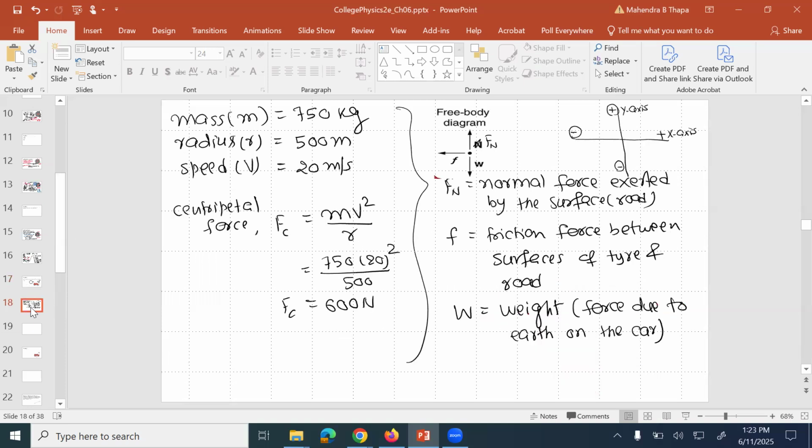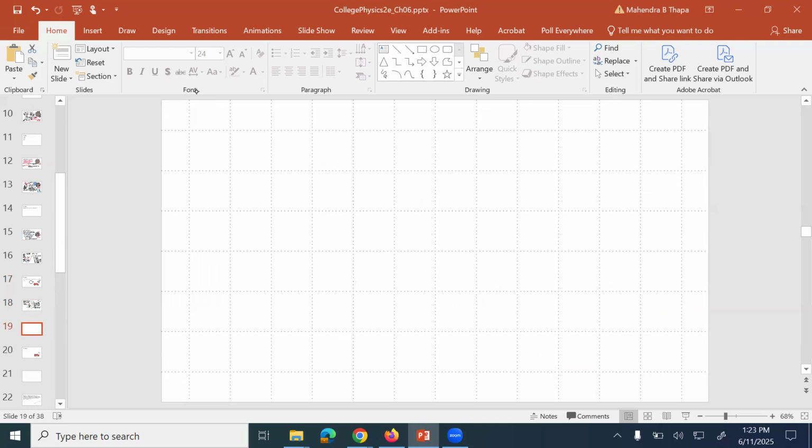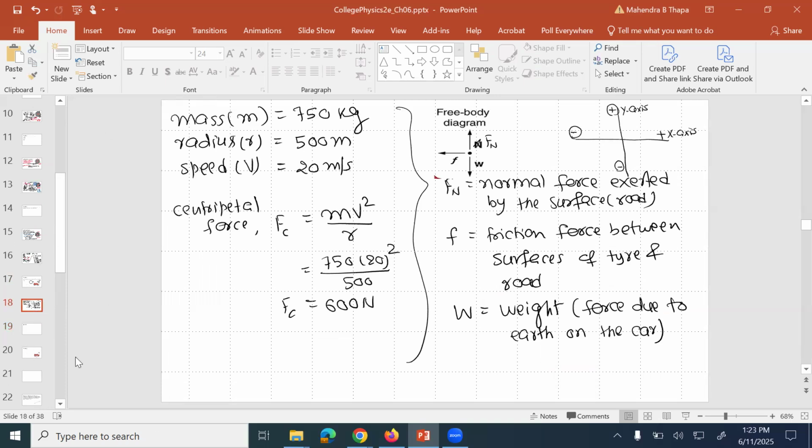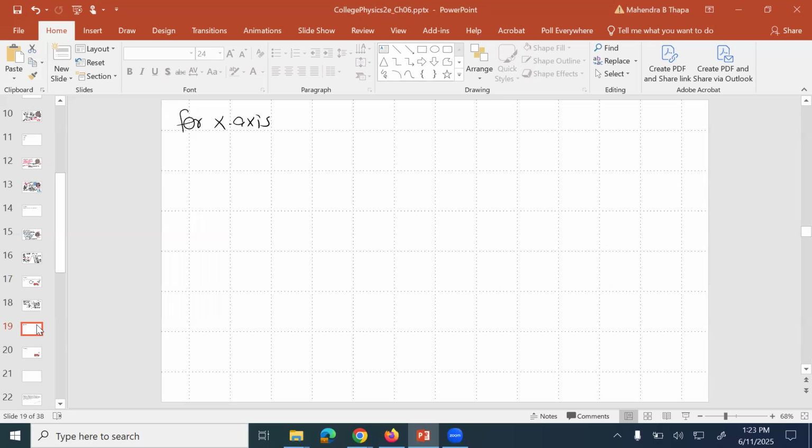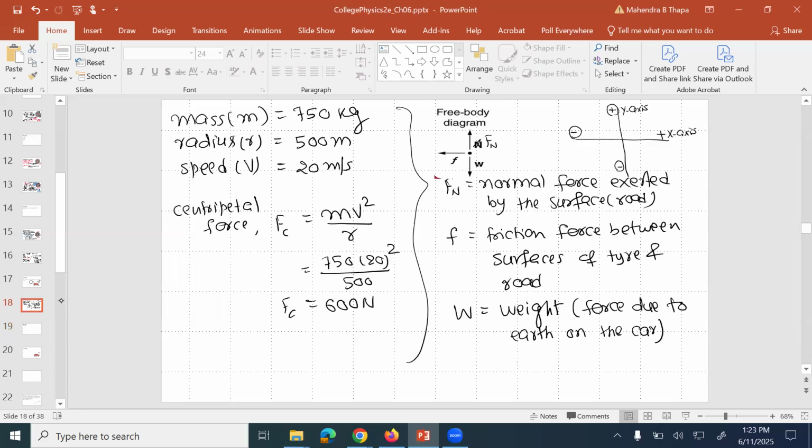So we can use Newton's second law here for the x-axis. Our net force, our total force, will be just equal to friction, but this friction is along the negative x.